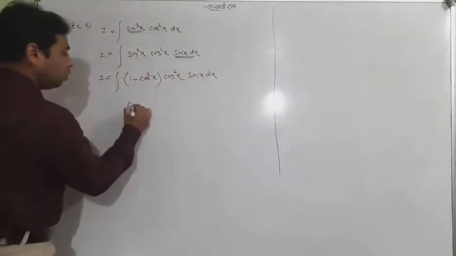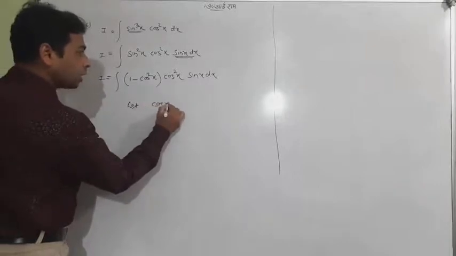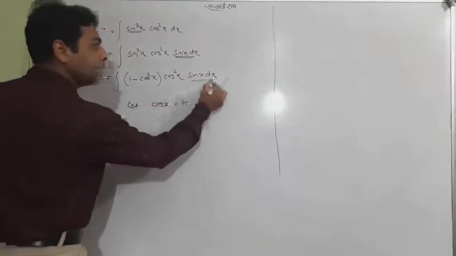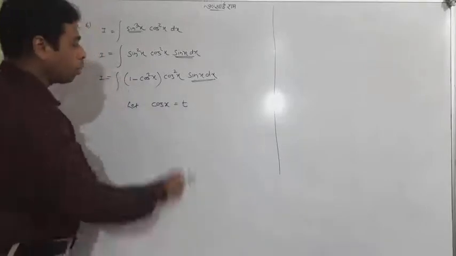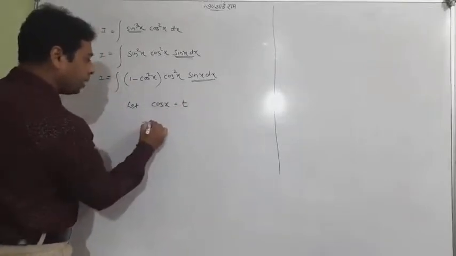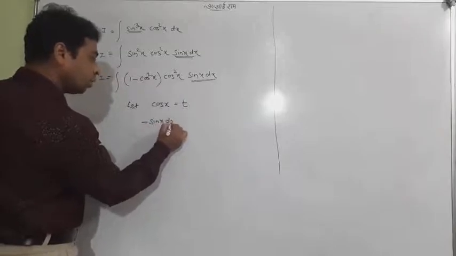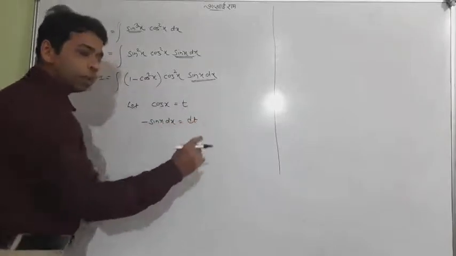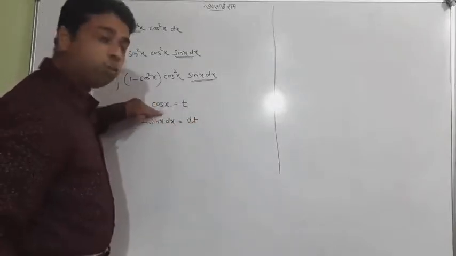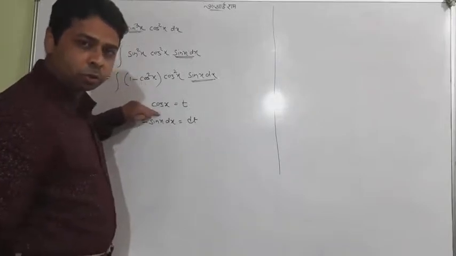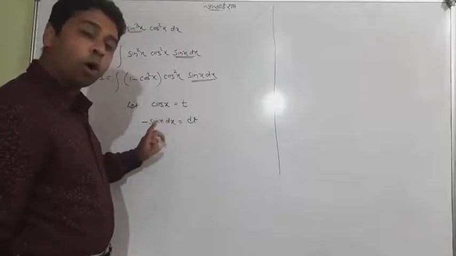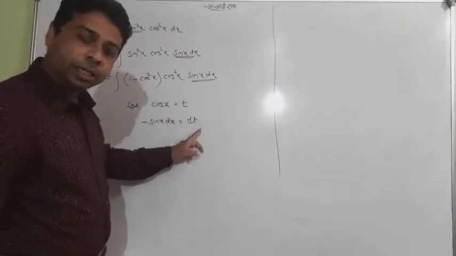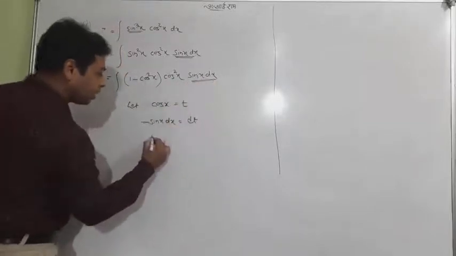Now, students, let cos x equal to T because sin x dx will come after differentiating cos x. So cos x equal to T, you assume, minus sin x dx equal to dt. You remember the short method: cos x has the differentiation minus sin x, also write dx equal to dt, and you need only sin x dx.